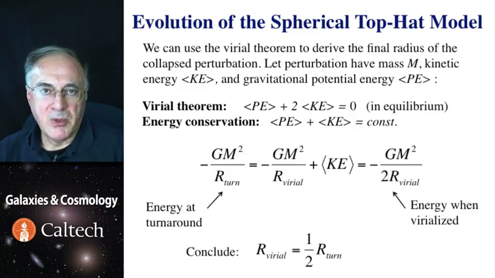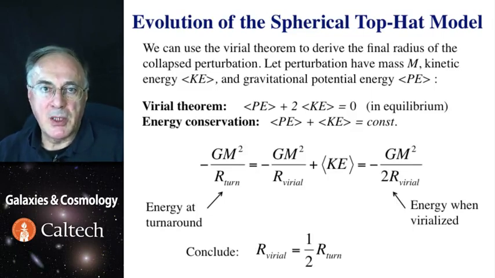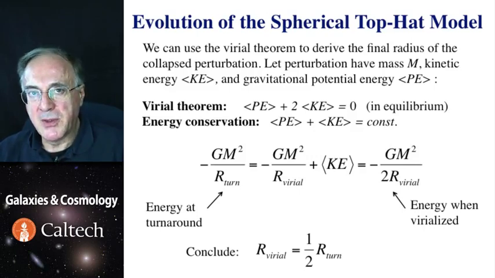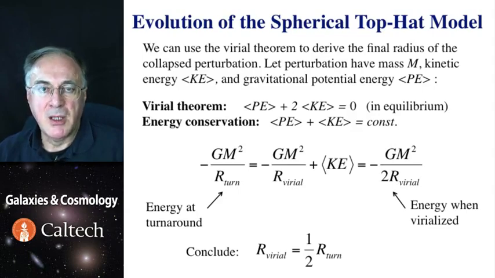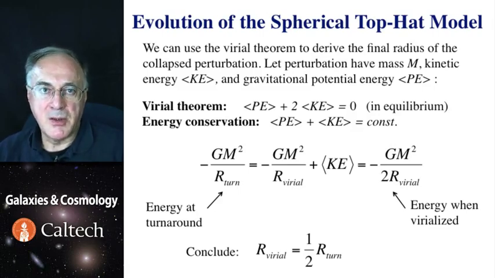Now, if you look at simple formulas for binding energy of the self-gravitating system, you can see that potential energy is inversely proportional to the radius. And so if we're going to achieve a factor of 2 difference, that means that the radius of the final system will be exactly 1/2 of the initial one. And therefore, the density will increase by a cube of that, or a factor of 8.